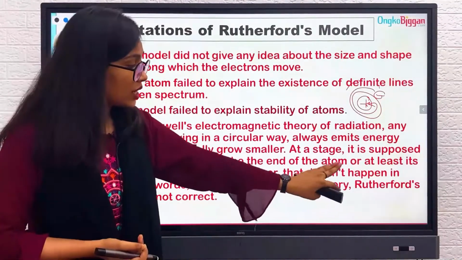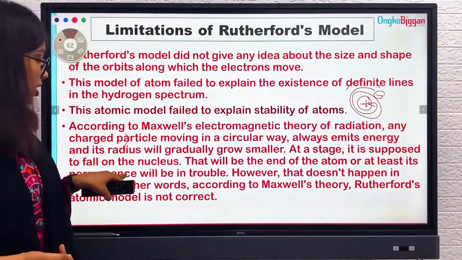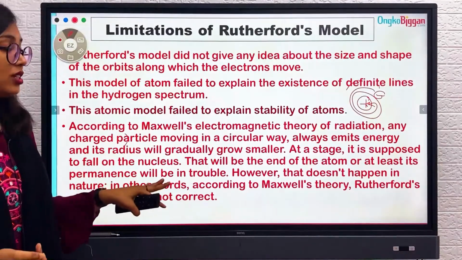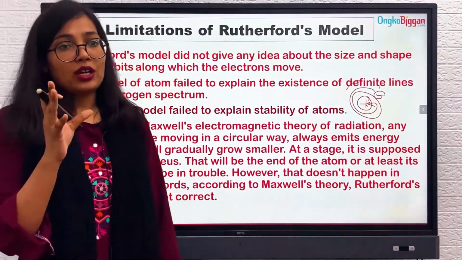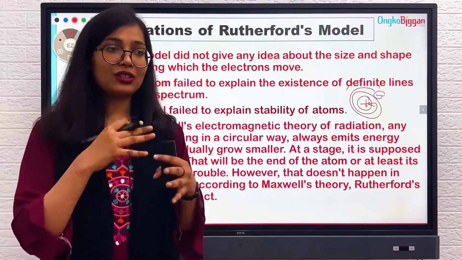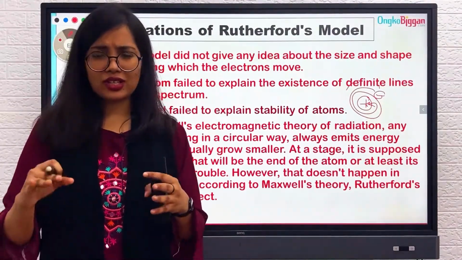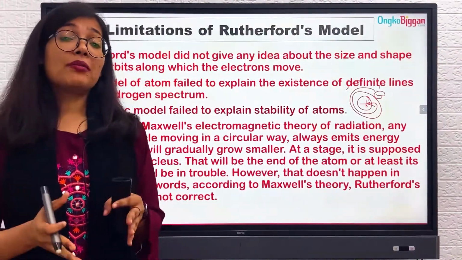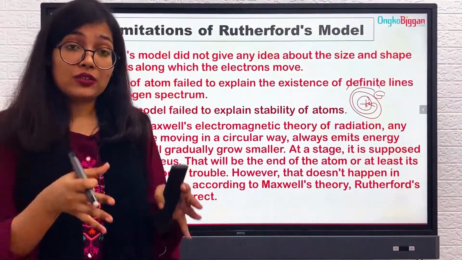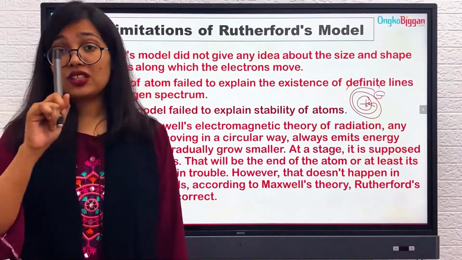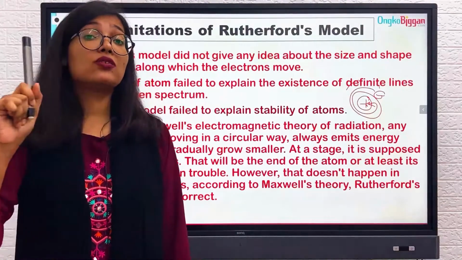However, that doesn't happen in nature. In other words, according to Maxwell's theory, Rutherford's atomic model is not correct. Maxwell's theory is actually correct, and it's approved by other scientists. If you apply Maxwell's theory to Rutherford's model, Rutherford stated that negatively charged electrons are revolving around the nucleus.